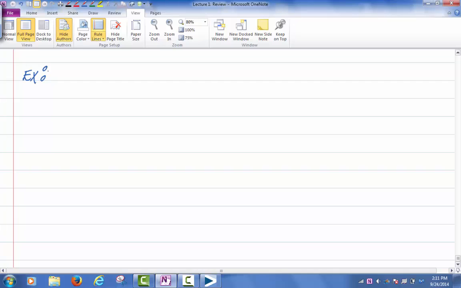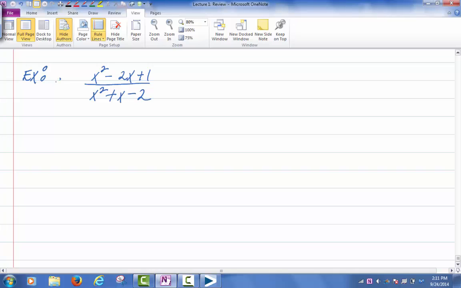Let's say I have the following example. What was the example that I wanted to do? Let's say I have the function x squared minus 2x plus 1 divided by x squared plus x minus 2.